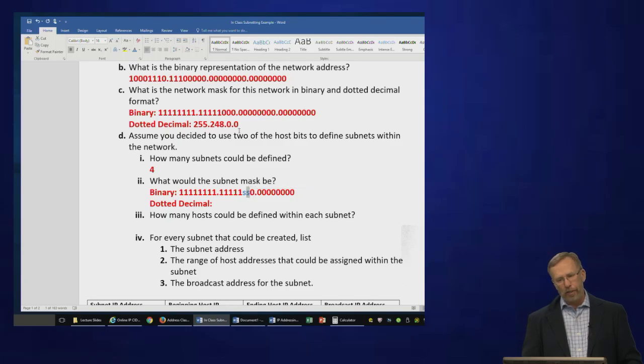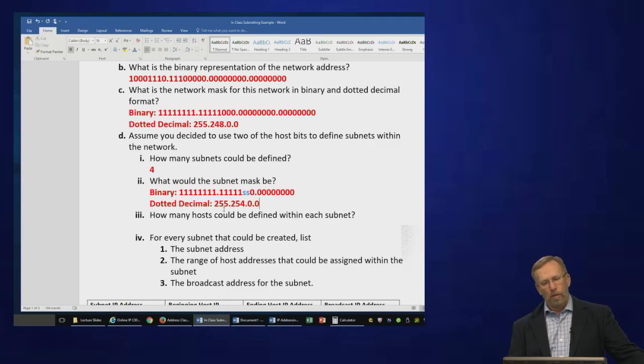So we're going to add 6 to 248, and we do that, we get 254. So we get 255.254.0.0. And that's our dotted decimal format. There's not an easy way to show the subnetting bits in the net mask in dotted decimal format.